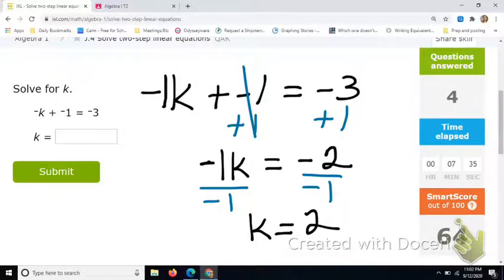So k is 2. If I plug 2 in, notice that this has a negative sign up there, so it would be minus, then replace the k with a 2. And I think we can agree that that's true, that when I write that, it would become negative 2 plus negative 1 equals negative 3.